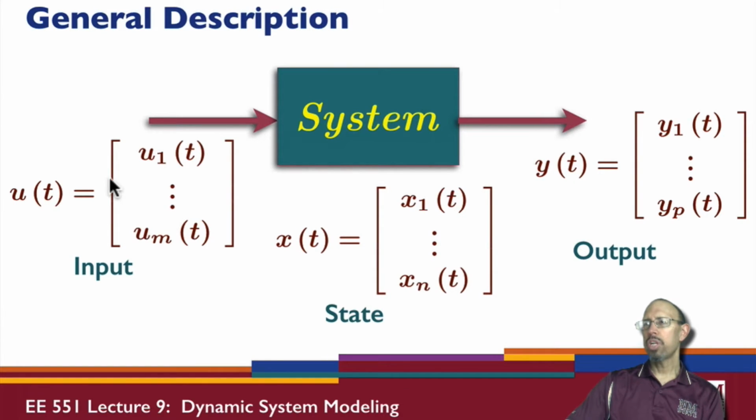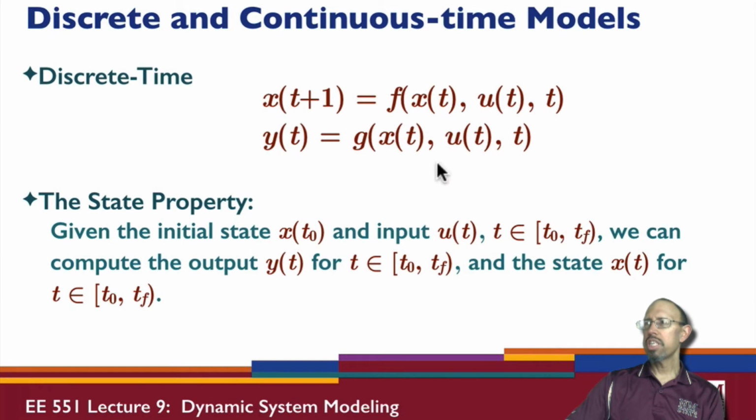This is the general representation. In general, the input may be an m-dimensional vector, the output may be a p-dimensional vector, and the state may be an n-dimensional vector. In discrete time, we basically have a difference equation where x at the next time is a function of x, u, and t at the present time, and y at the present time is a function of x, u, and t at the present time.